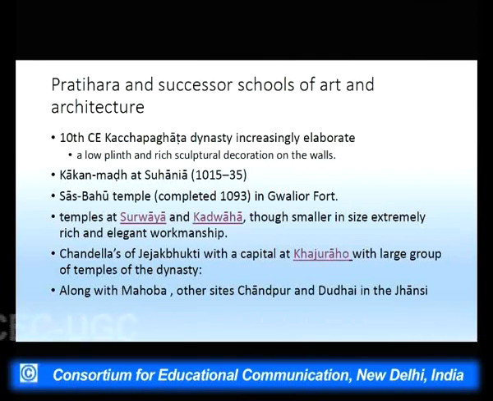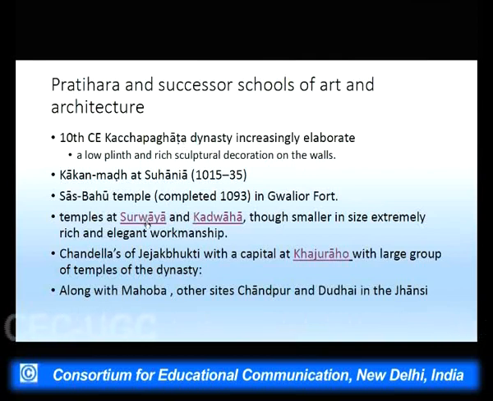Some of the examples are the Kakan Math in Suhania. Then you have the Sas Bahu temple in Gwalior fort, which was completed in 1093, and it's still very much extant.